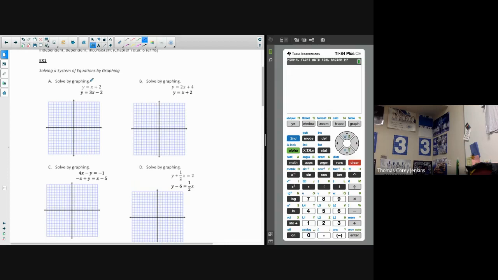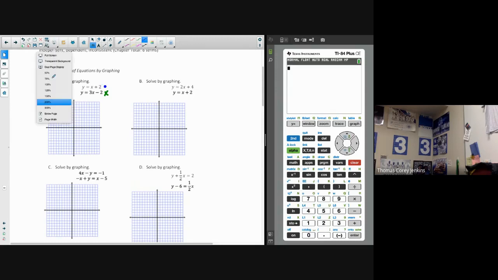Graphing these, A and B are easier because they're already in slope-intercept form. Looking at graphing A, we're going to start where B is 2. I'll graph this one with a dot, and then I'll graph the other one with an X so you can tell the difference. So we're going to start at (0, 2) for the top equation.